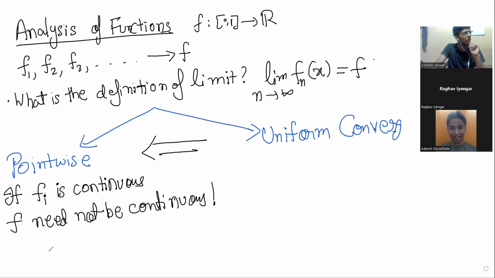We have already taken one type of example, but today let's try a different example, to make it more interesting. Let us take this. f_n(x) is 1 plus something; it should have n in it, otherwise it's constant.